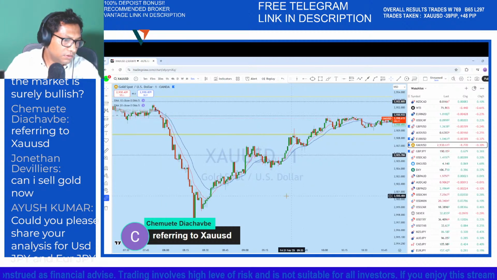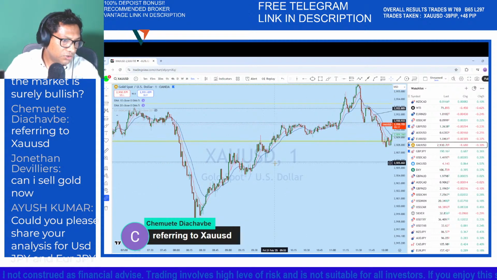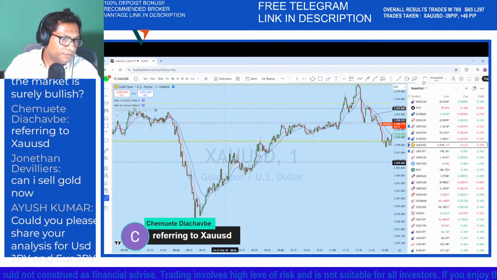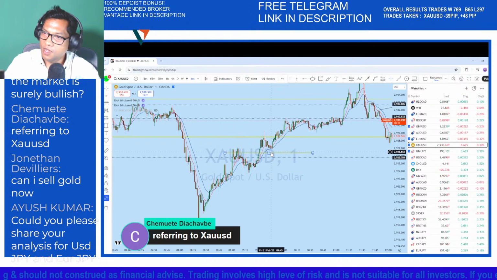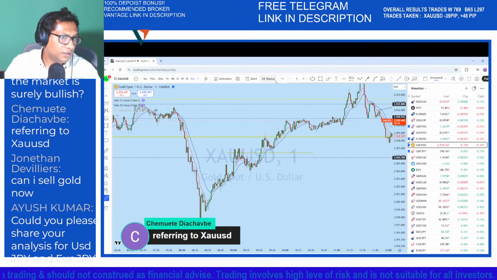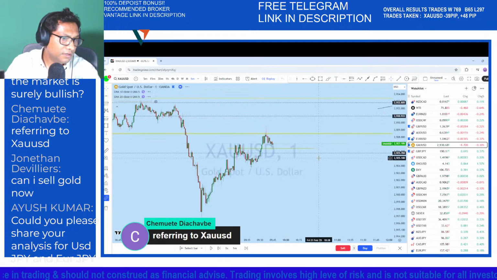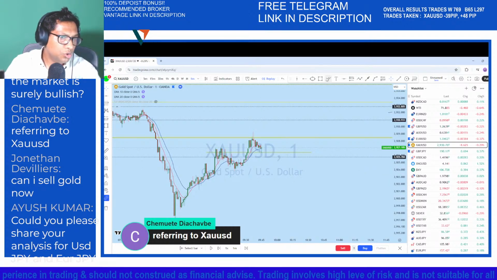Now, when you see a market trending, let's say the market is here in this area, in the support level. If we replay the chart here, the market is here. Should we buy or sell?